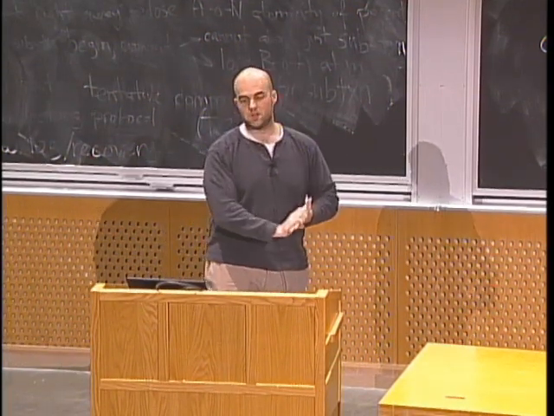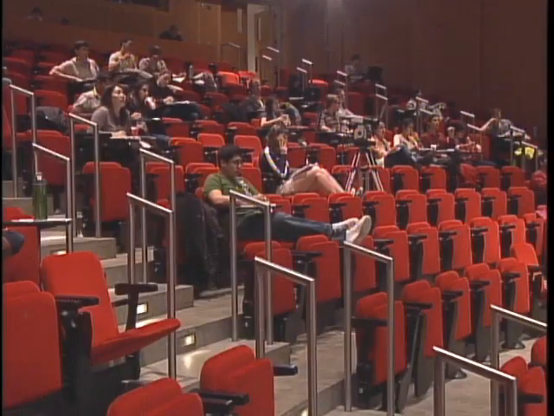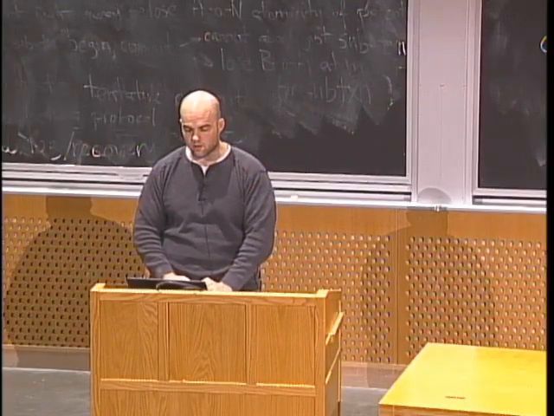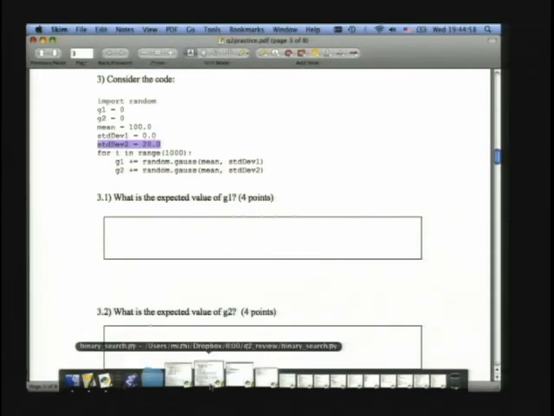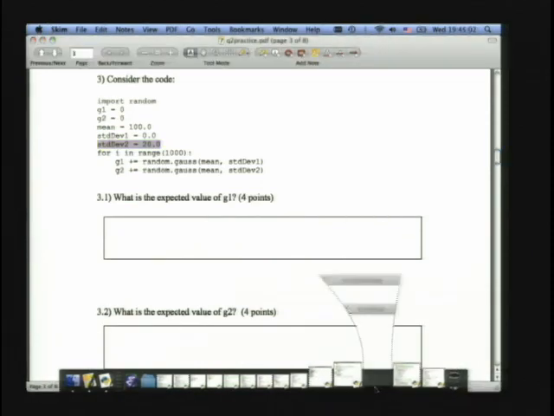So in answering question 3.1, what do people think? 100,000. What about 3.2? 100,000. So they're both the same, but they have a different standard deviation. What this is getting at is it's getting you to look at this.